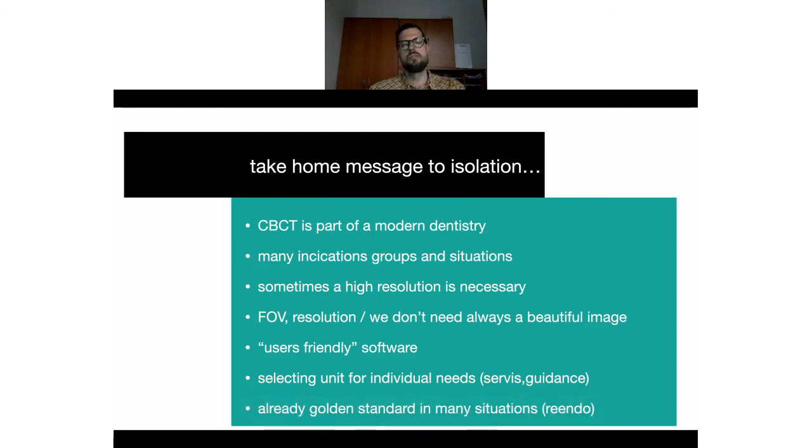And for me, in many situations, for example in endo, it's already a golden standard, and I hope in the future it will be the golden standard like a small intraoral 2D image.